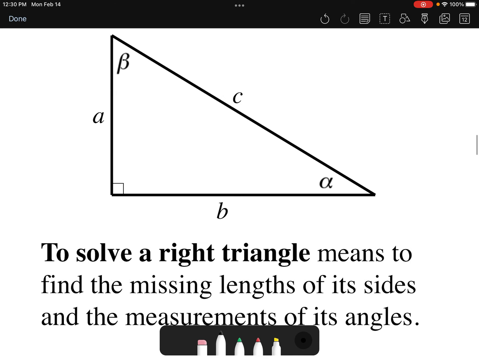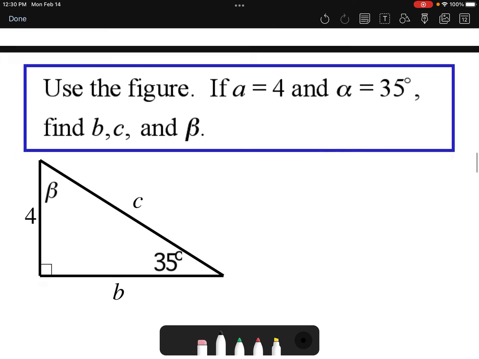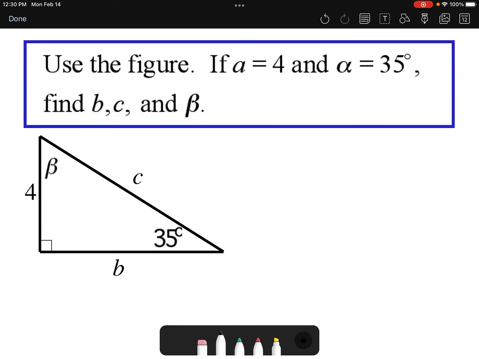Now, to solve a right triangle means to find all of the parts. We're going to find the 3 angles and the 3 sides. If it's a right triangle, we already know one of the angles is 90. Then it's our task to find the sides and the other 2 acute angles. So, for example, using this figure, we know that this angle's 35 degrees.